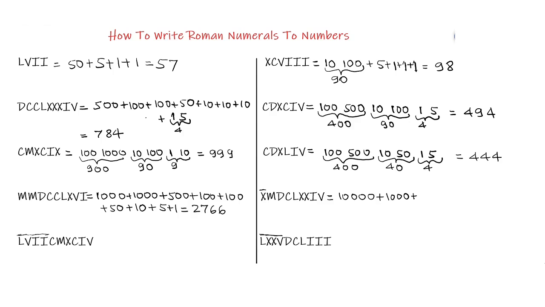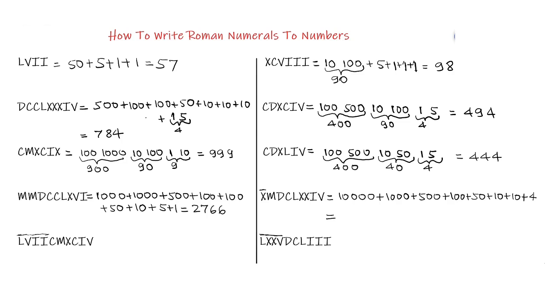1000 plus D is 500 plus C is 100, L is 50, X is 10 plus X is 10 plus IV is 4. IV together I have written 4.